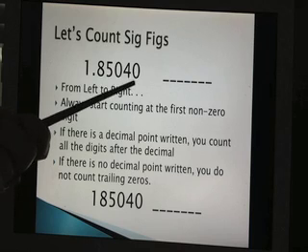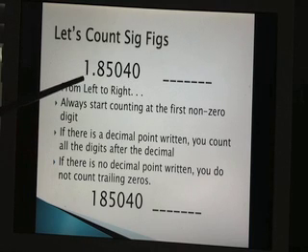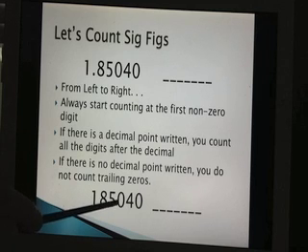Above, we counted the trailing 0 because there was a decimal present. In this number below, there's no decimal present. We will not count that trailing 0 as being significant. So in your notes, let's count our sig figs. 1, 2, 3, 4, 5. There are only 5 significant figures in that number.